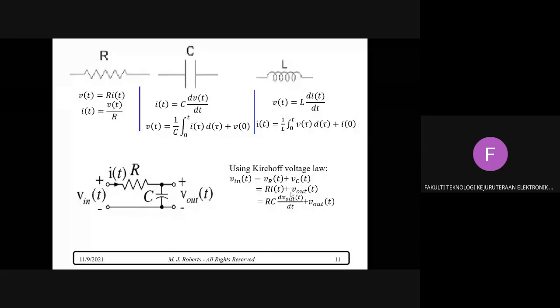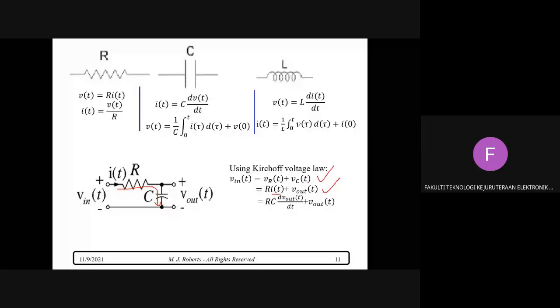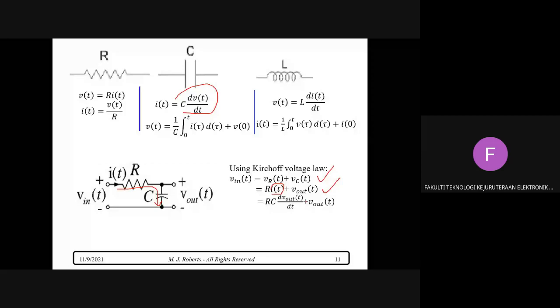The current flowing through R is also the current flowing through the capacitor, and the current through the capacitor is C dV dt. So substitute this C dV dt into the equation, and you have RC dV out dt plus V out.